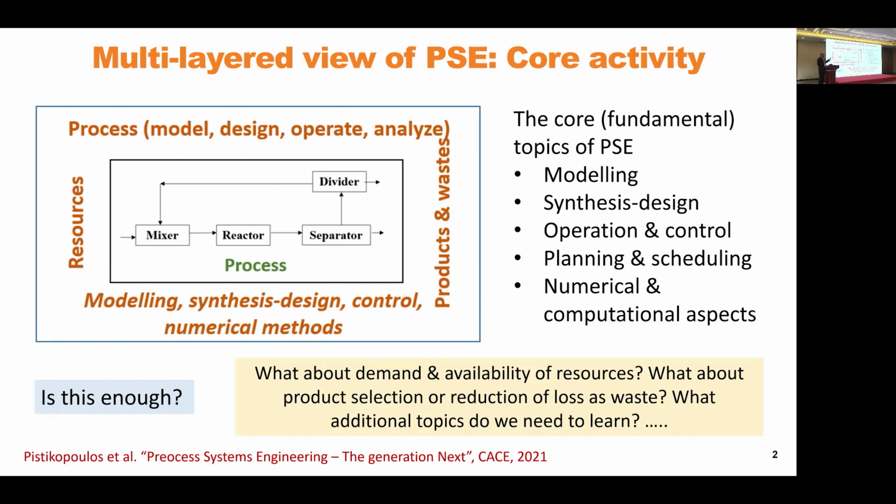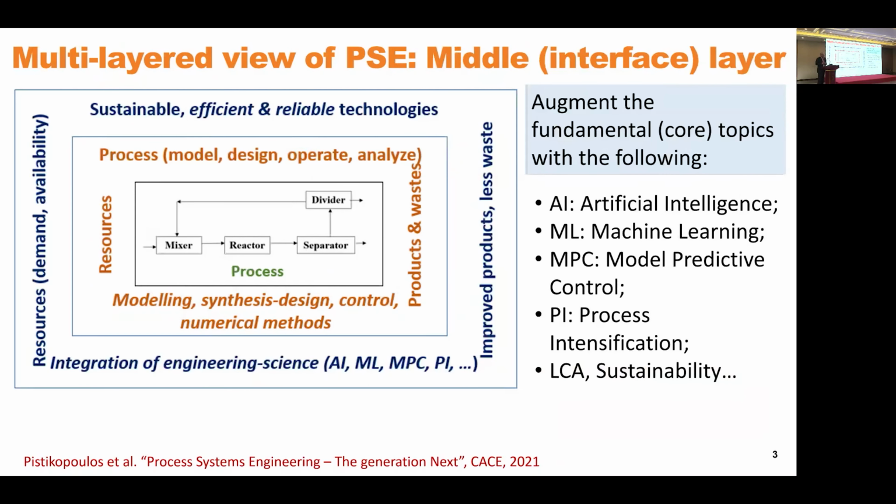So this is the core, fundamental layer of our process systems engineering, but we need more. So we added a middle layer where we augment our fundamental ideas with integration of engineering and science, AI, machine learning, MPC, PI, whatever abbreviations you can think of, you can put them there.